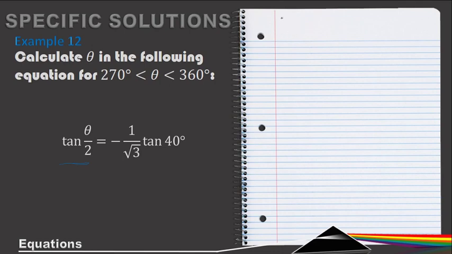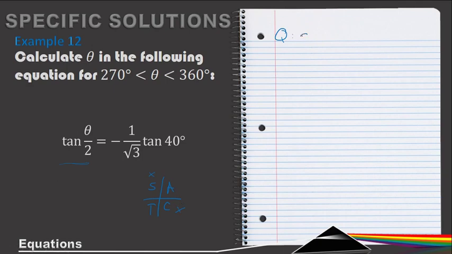Since this is a negative number, for the quadrant, tan is negative. If I have my CAST diagram, then tan is negative in the second quadrant and in the fourth quadrant.